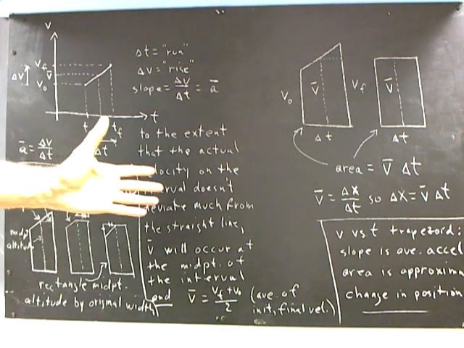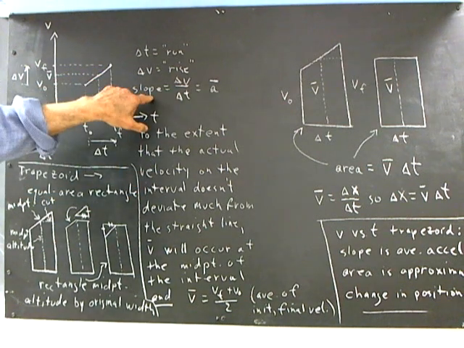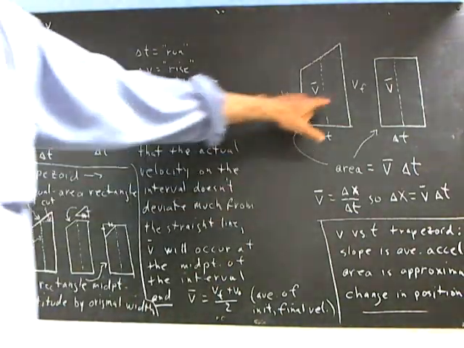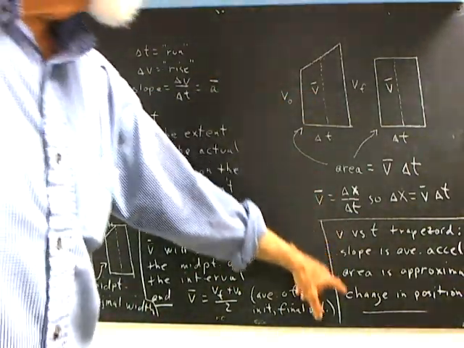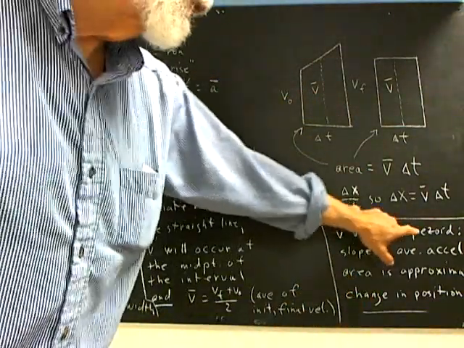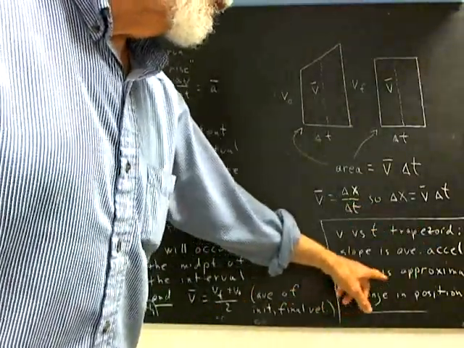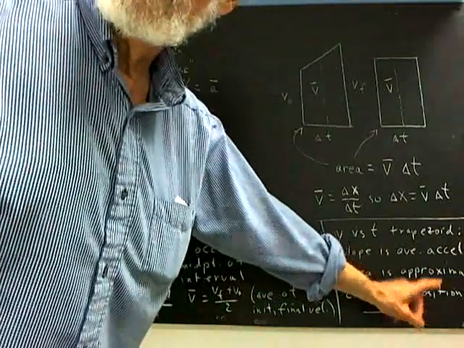So what have we seen here? We've seen that the slope of the trapezoid is the average acceleration. We've seen that the area of the trapezoid represents the change in position. So in a v versus t trapezoid, slope is the average acceleration. Area is the approximate change in position.